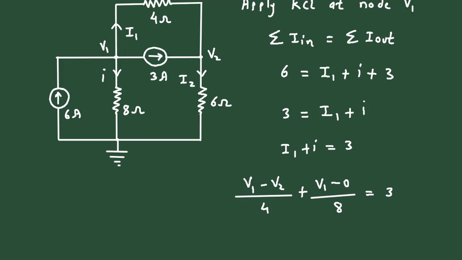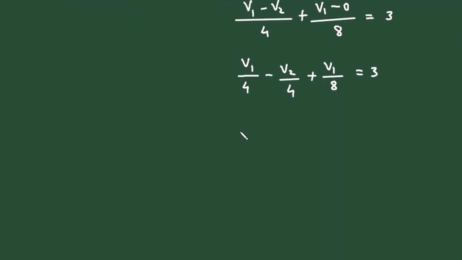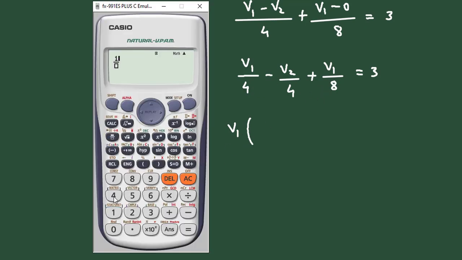Now let's simplify this further. It will be V1 by 4 minus V2 divided by 4, plus V1 divided by 8 is equal to 3. Now if we take V1 common, it will be V1 times (1 by 4 plus 1 by 8).